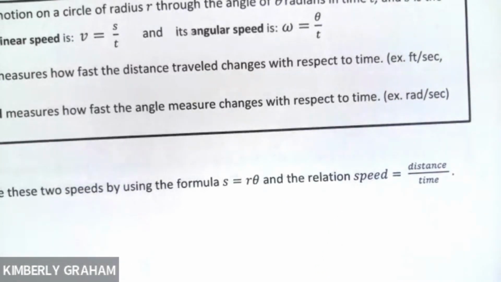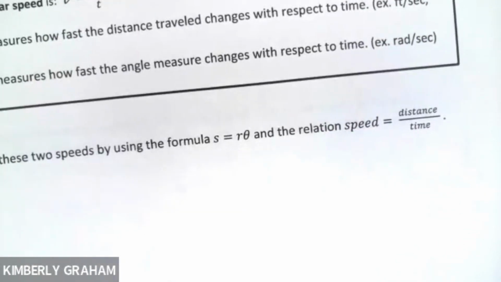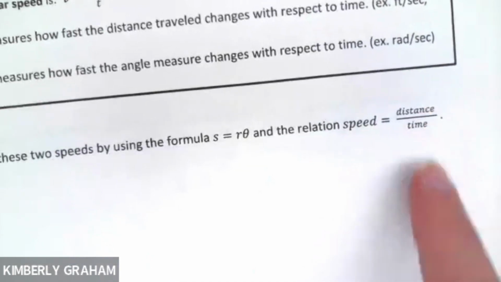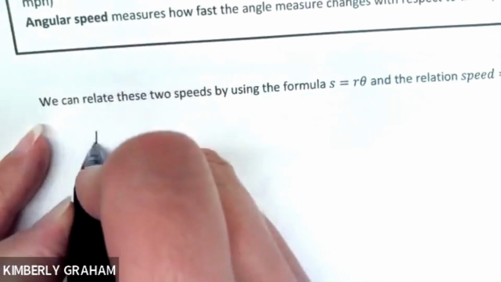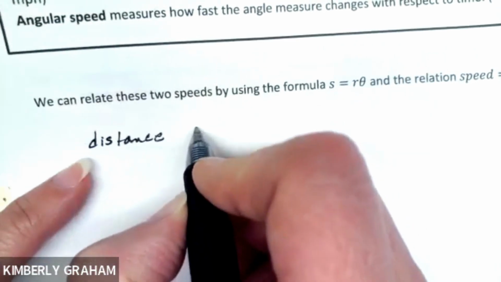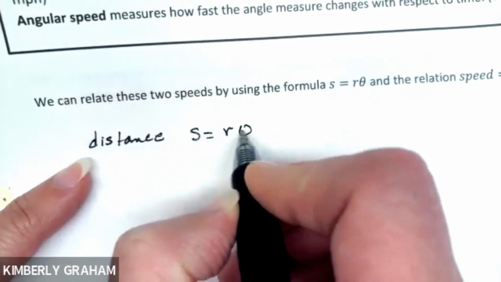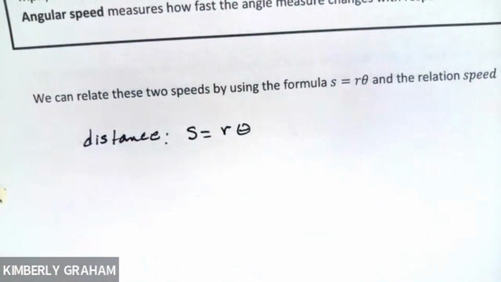Okay, so we can relate these two speeds by using the arc length formula and our basic definition of speed that we learned from elementary school: speed is distance divided by time. My distance is an arc length. So let's look at this distance as s equals r theta. We're going to figure out where these formulas come from and hopefully understand how they relate.